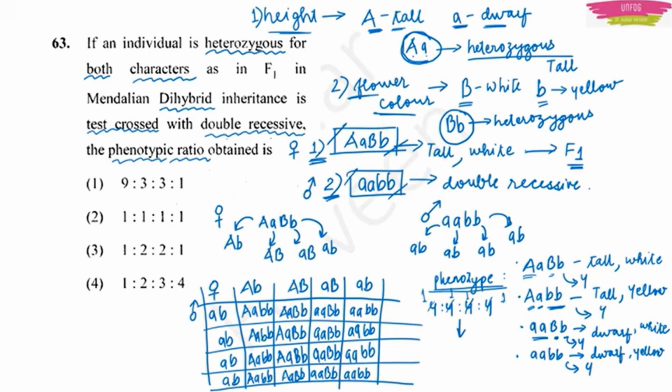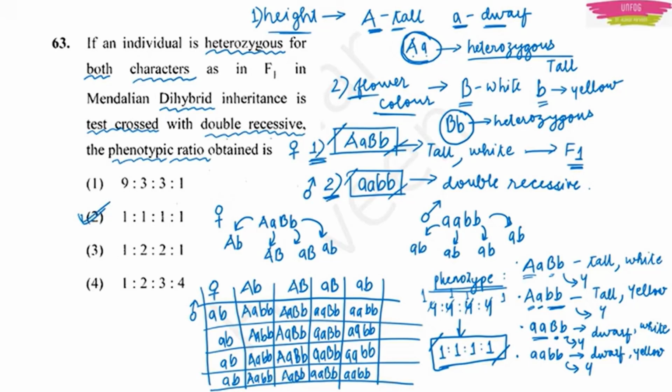So in its simplest form, it can be represented as 1:1:1:1. So the phenotypic ratio is 1:1:1:1. Which one of the options is matching? The second option is matching with our answer. So the second option is the right answer.